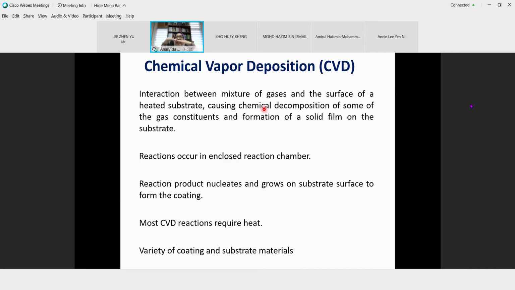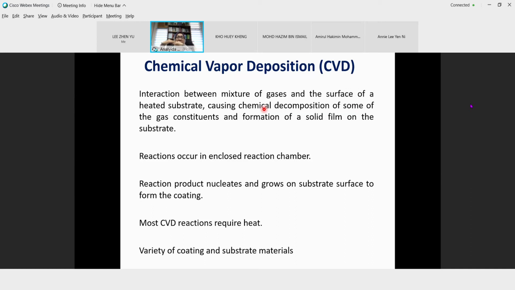We have a substrate, then we flow the gases that we want deposited on your sample. But you can also have other powder seated beside the substrate. When this powder also evaporates and combines with the gases, the chemical decomposition of the gases will be deposited on the substrate.